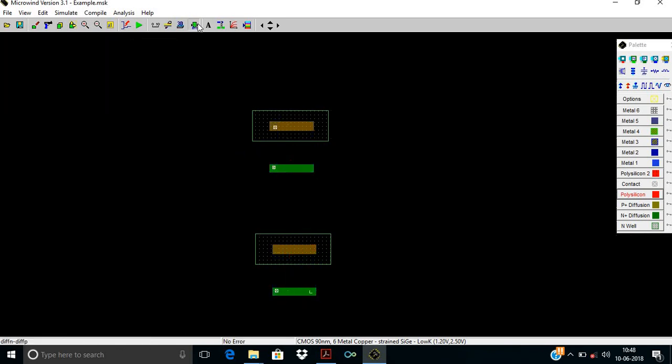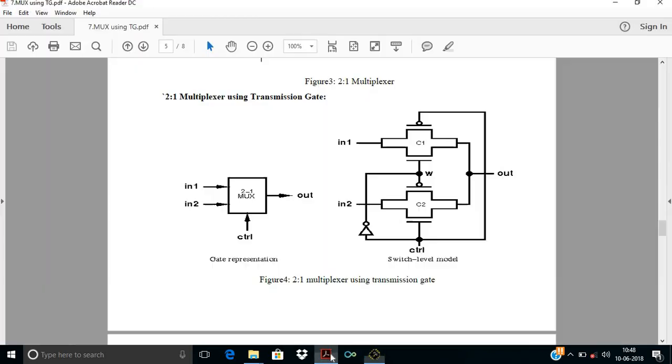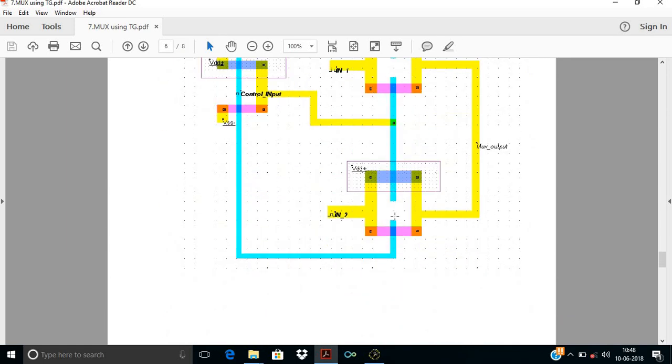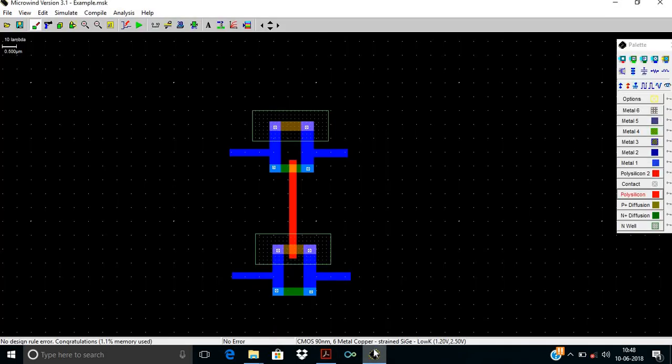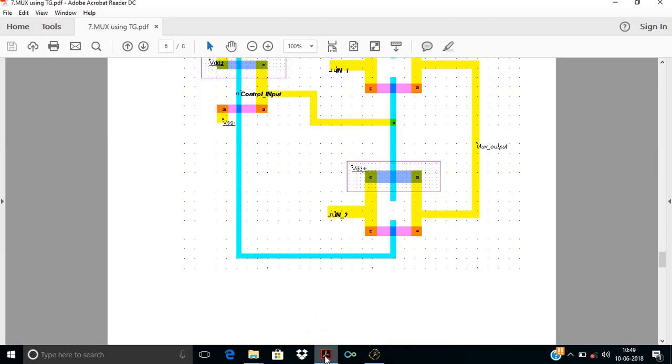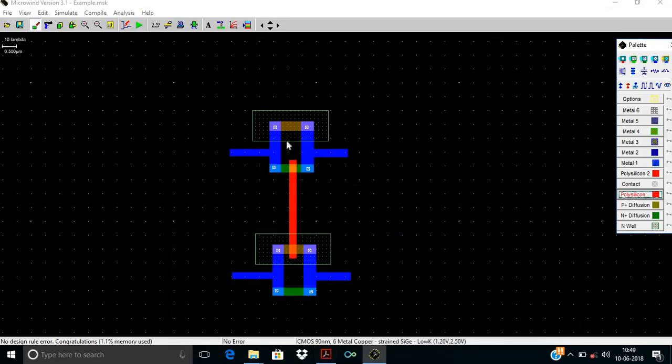In this way we can check the DRC. Now here you can see how this connection is formed. We have connected this. Again we have to draw one inverter.